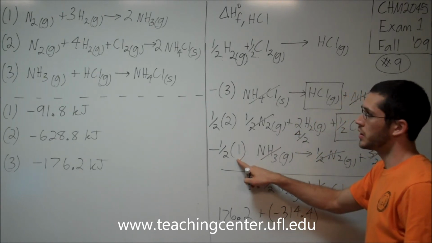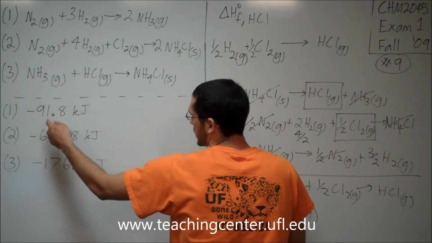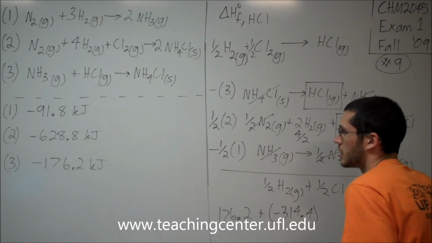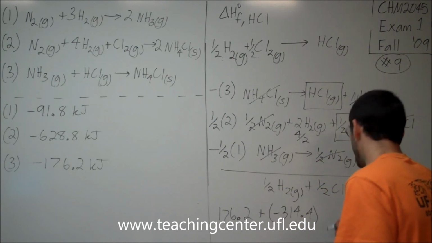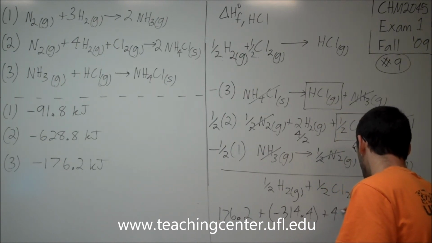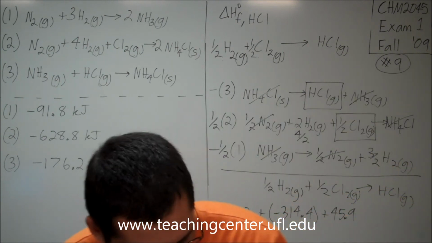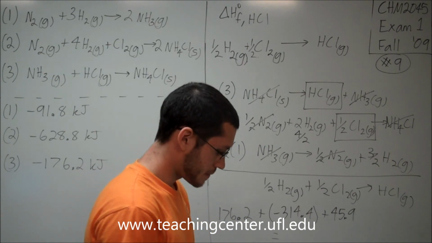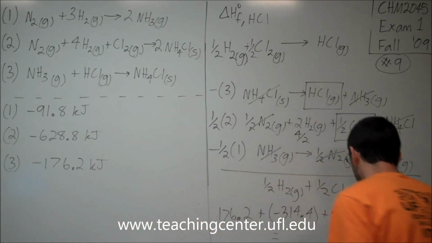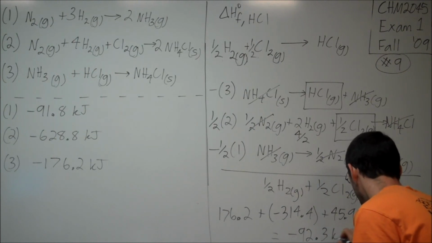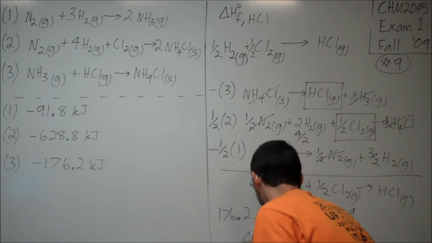Then take number 1, reverse it, or multiply by negative, and cut it in half, so that's 45.9. Once you add all those up, the delta H formation for HCl gas is minus 92.3 kilojoules. And that's the delta H formation.